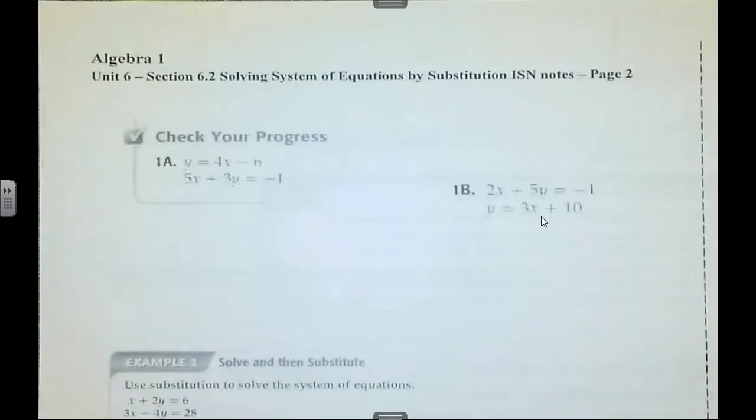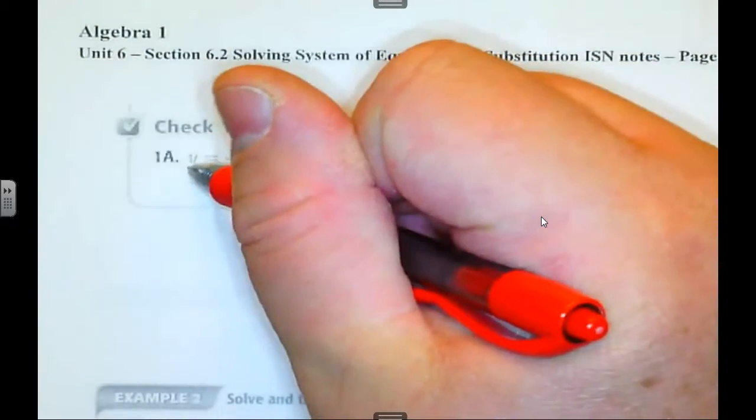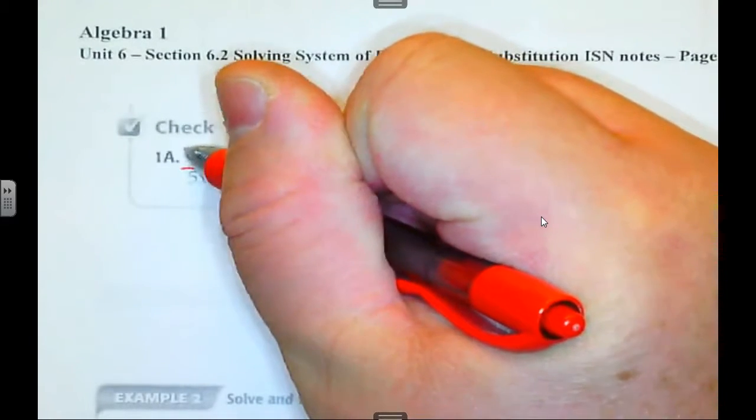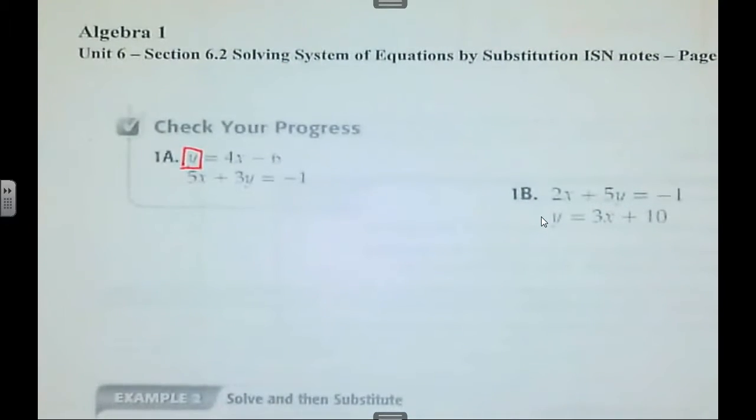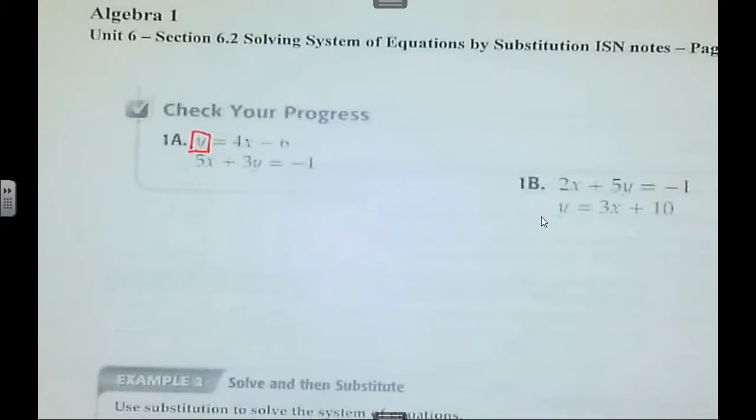Notice that I have y solved for. Okay? Y is all by itself. So for substitution, I'm looking for a variable that's solved for. If I don't have a variable that's solved for, I'm going to have to solve for it first and then use the substitution method. Okay?